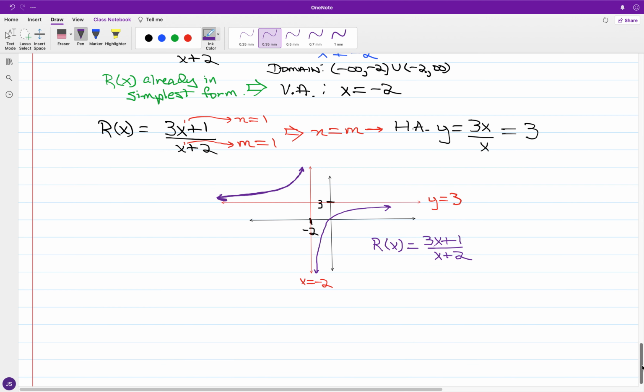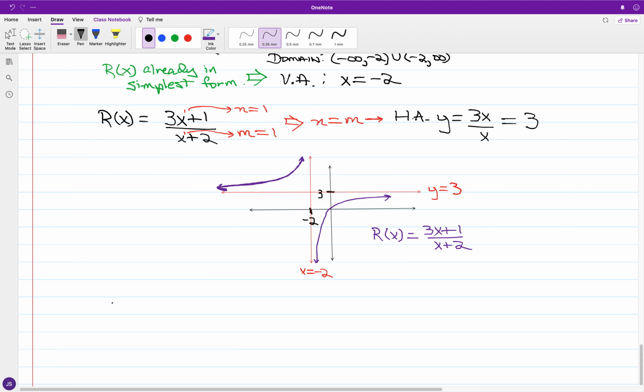Now let's say we have another rational function, and we'll keep this one basic. We'll say r of x is equal to 3 over x plus 4. We have one denominator expression, so we have one exclusion. x plus 4 cannot be 0, so x cannot be negative 4.